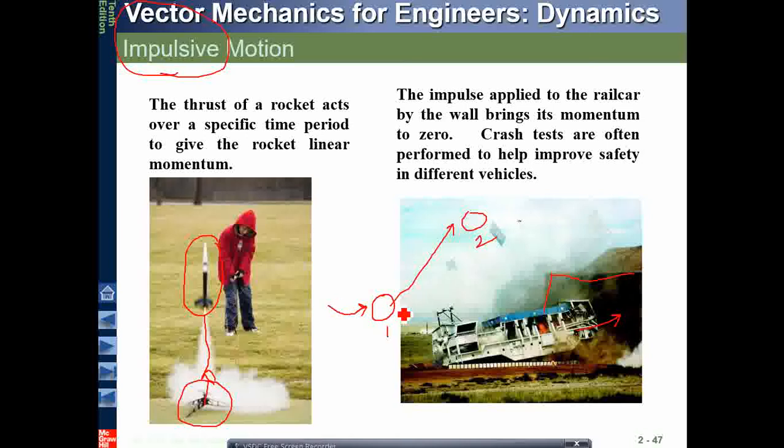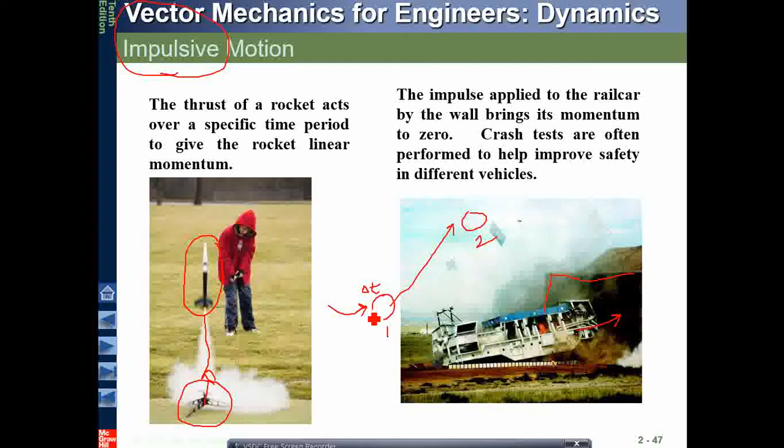You kicked this football and gave it a force, but the amount of force applied was not very high, and it acts over a very limited time interval. The time interval at which it is applied is very small, in fact it is delta t.